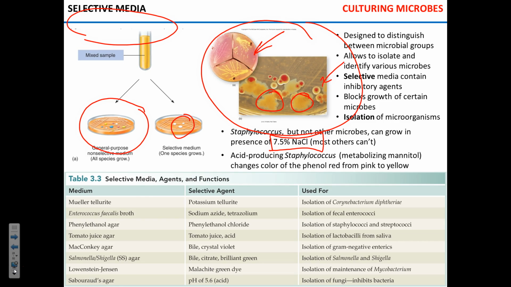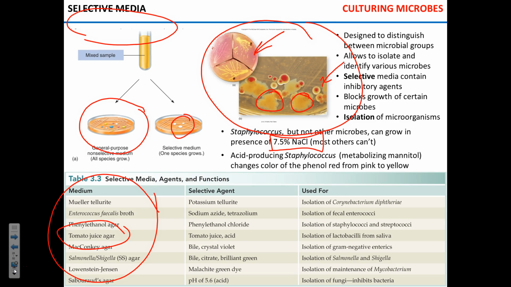Does that make sense? So now it restricts growth to a certain genus, in this case, Staphylococcus. Moreover, this particular medium allows you to distinguish different species in that genus. And we'll see how this ability is called. These are some examples of selective media. I want to highlight a few that we may work with or that are just of interest.